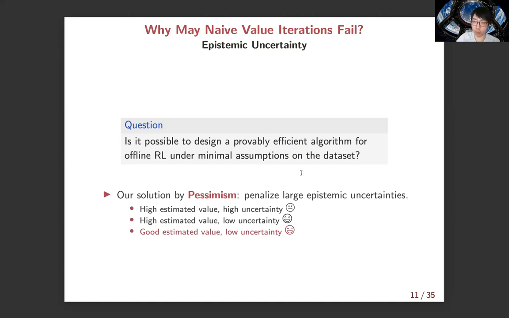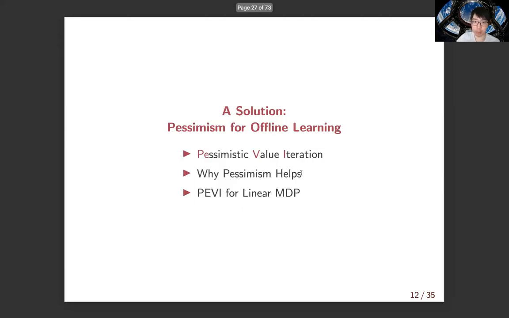And then a more common situation is that we can get a relatively good estimator, also with a low uncertainty, and also the estimated value is sufficiently large. So then we'll just take this policy, and then we can use this as an approximation for the optimal policy.